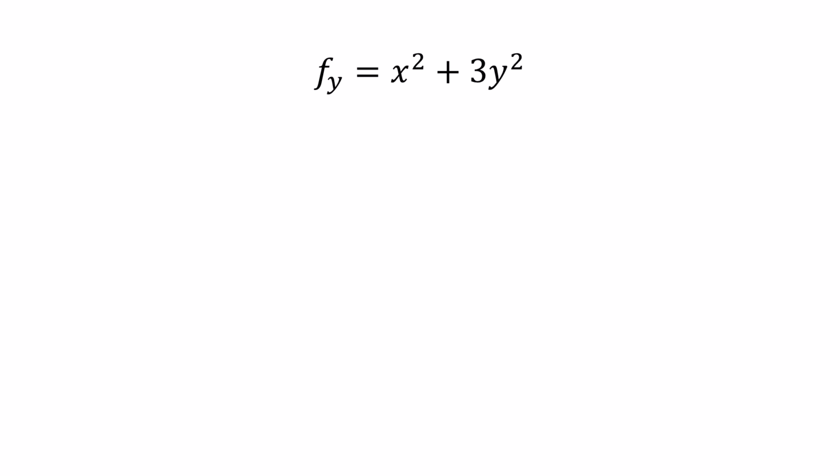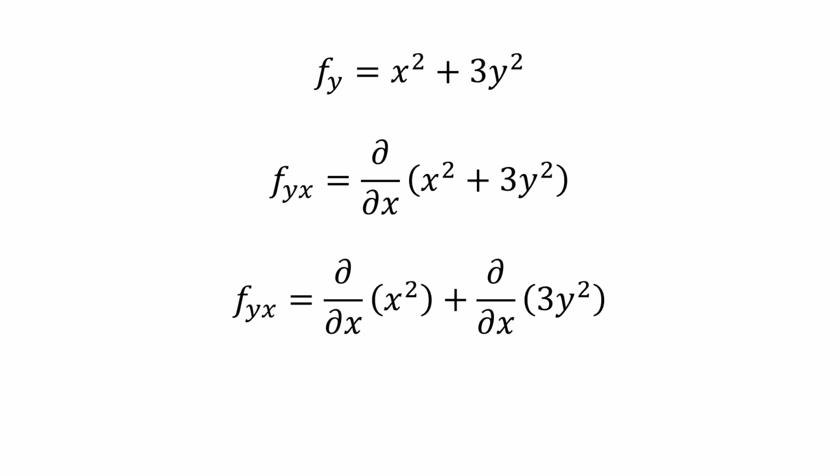Next, we take the partial derivative with respect to x. Applying the sum rule gives f sub yx equals d by dx of x squared plus d by dx of 3y squared.